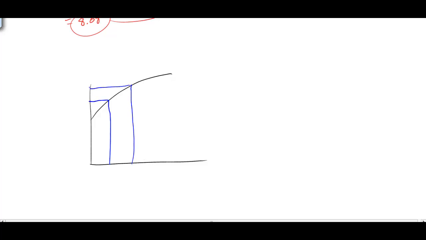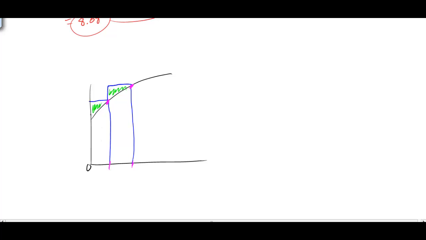For example, if your graph looked something like this, instead of your graph curving down, let's say that your graph was curved more upwards like this, and if we were to draw our upper sum, well, notice now if I go up to this point and over, up and over, whoops, too far, up and over, notice now this would be calculating our upper sum, but notice we're using the right endpoints instead of the left.